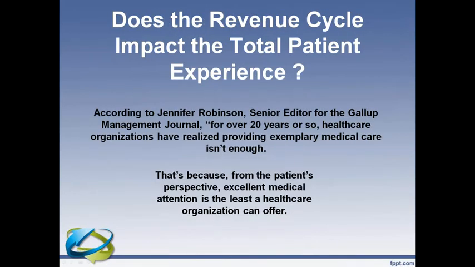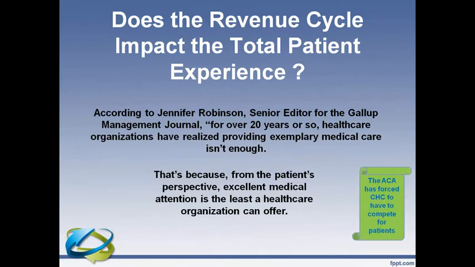So the question really comes down to, and a lot of times we look at the revenue cycle, but we don't look at how it really impacts and consider the total patient experience, because at the end of the day, this is what's really important, because it's from the patient's perspective that we need to look at. According to Jennifer Robinson, over 20 years ago, healthcare organizations realized that providing exemplary medical care isn't enough.